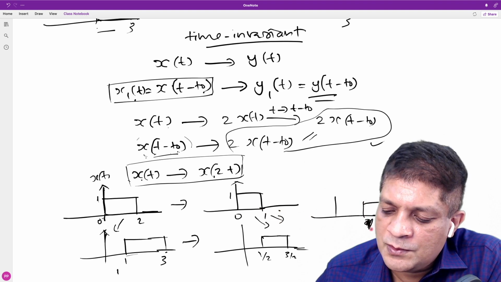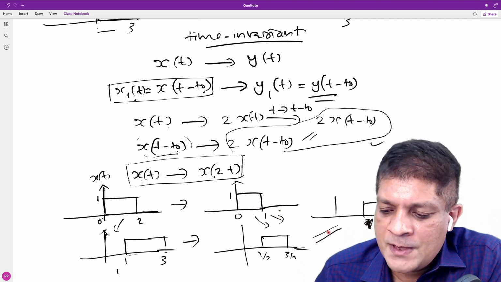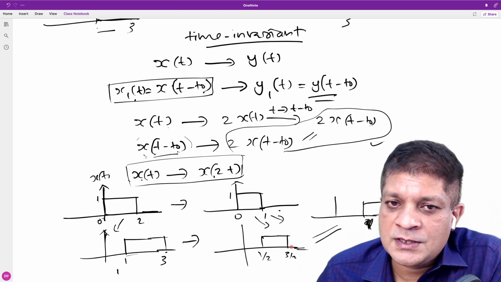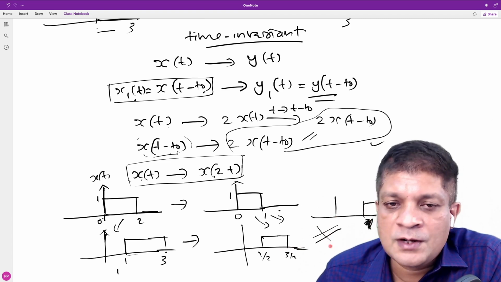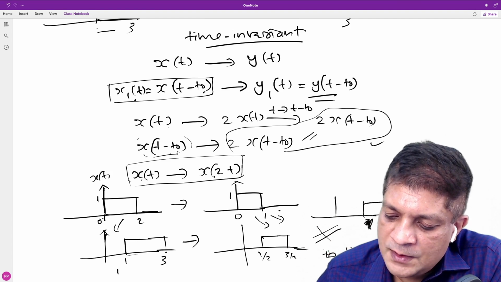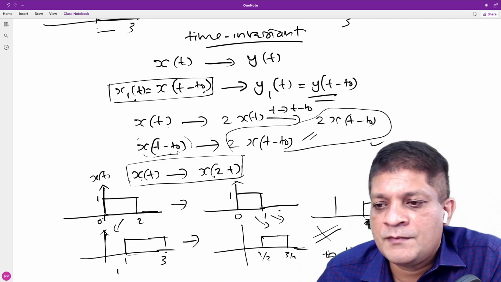Oh, sorry, 1 to 2. Are they the same? No. If they are the same, then it is time invariant. So they are not the same, so it is a time varying system.